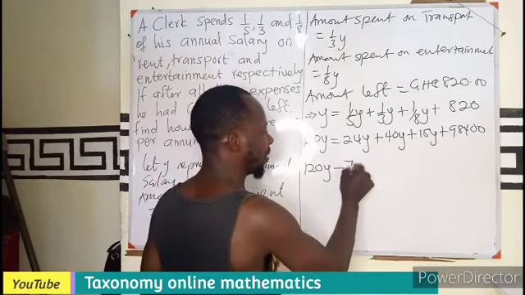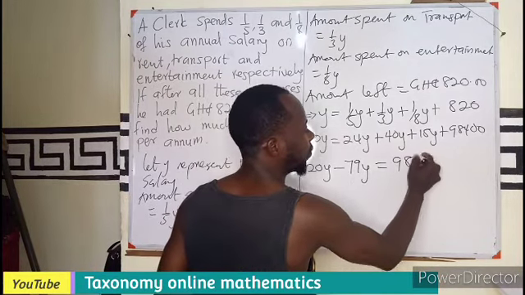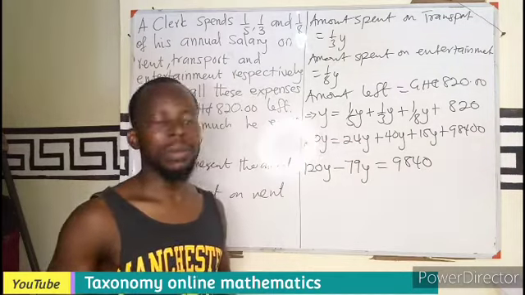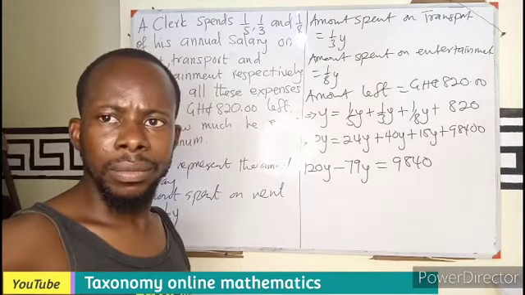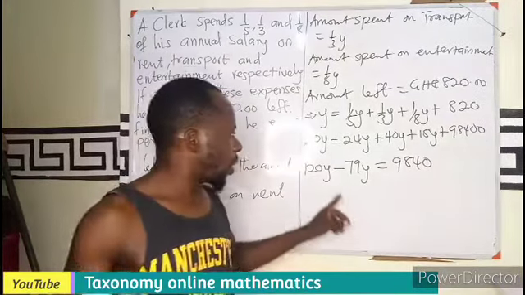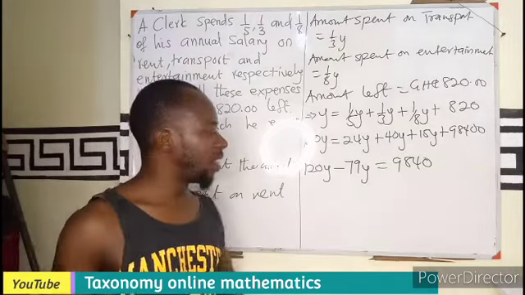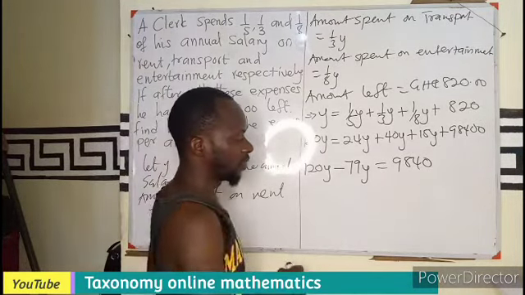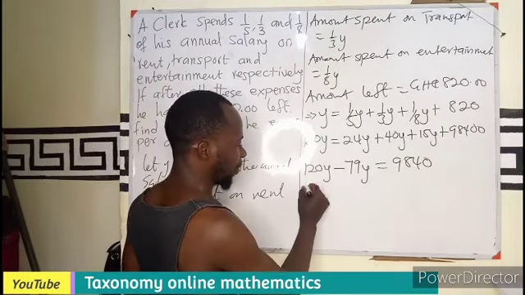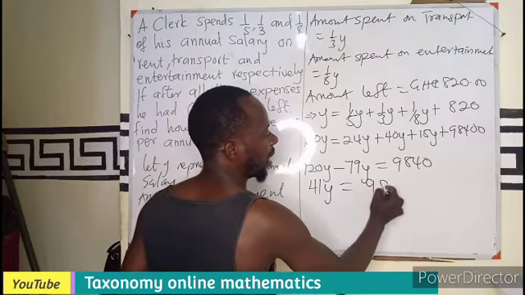Meaning I'll subtract 79y. Now if we subtract 120 minus 79, that will give us 41. So we have 41y equals 9840.